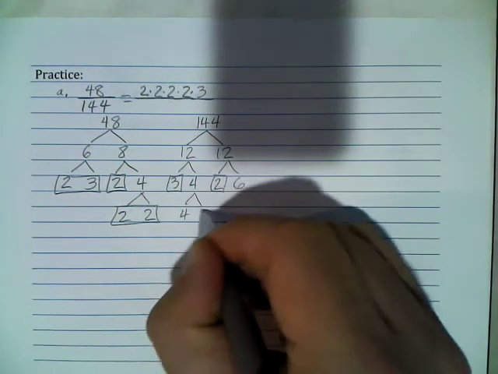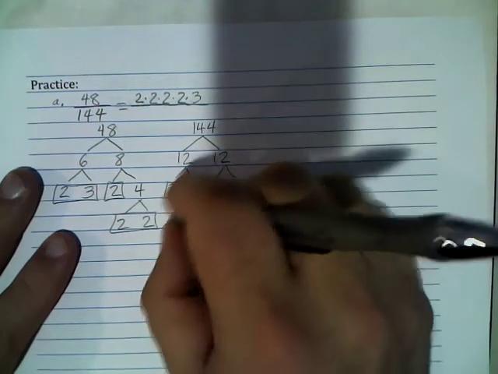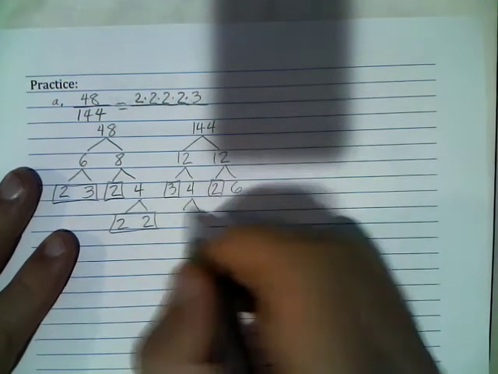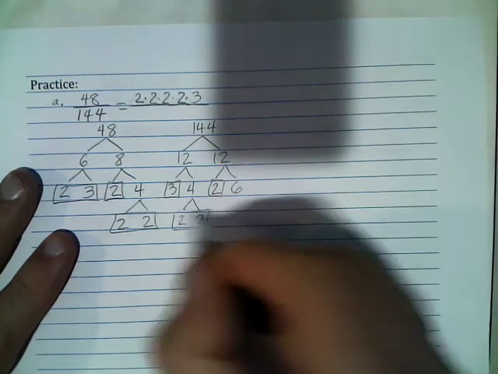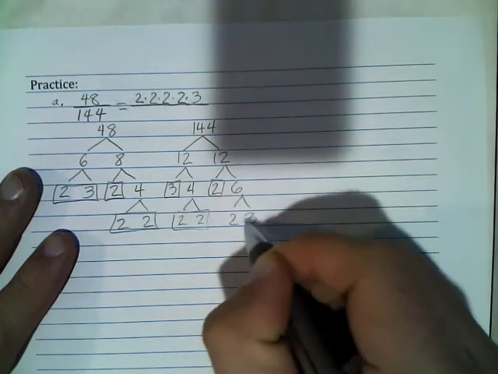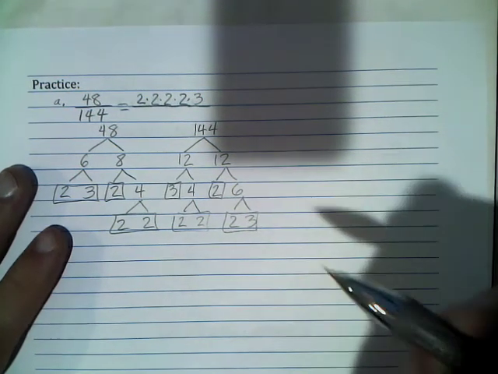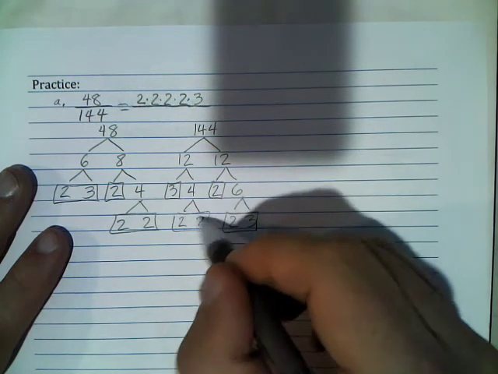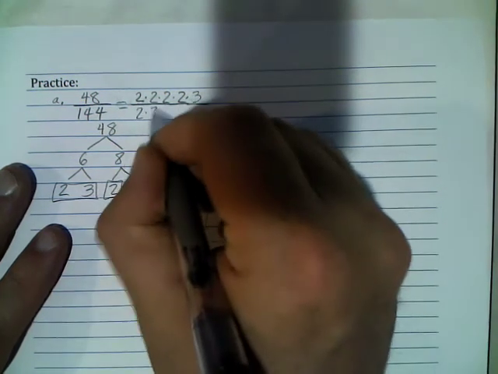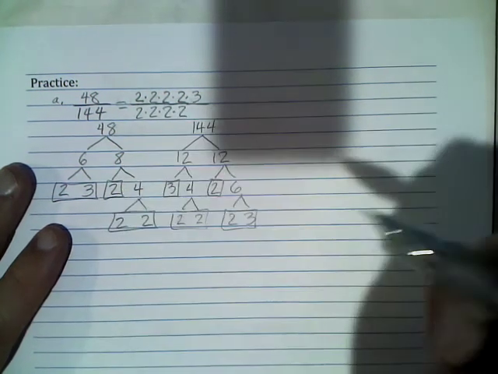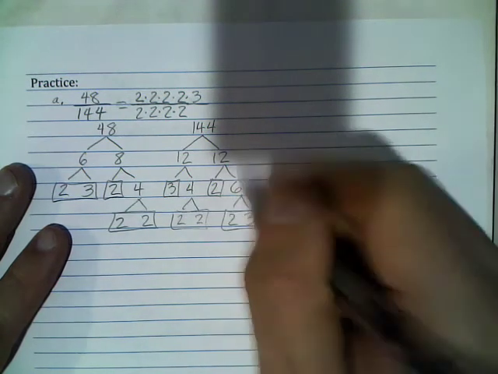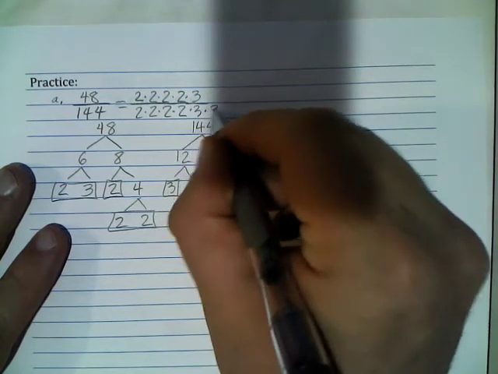And then this 4, of course, is, whoops, not 4, excuse me, 2 times 2. And we know 6 is 2 times 3. So for this one, I have 1, 2, 3, 4 2's. But this time I have 2 3's instead of just 1.